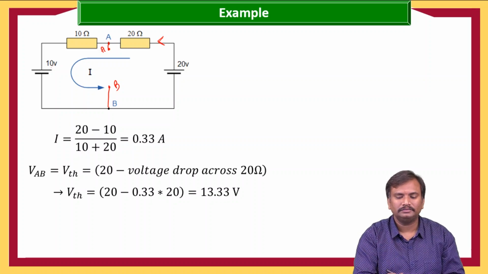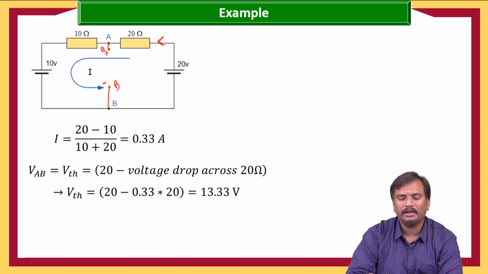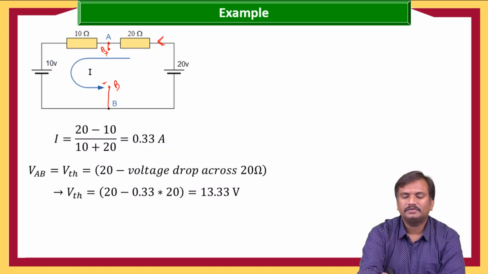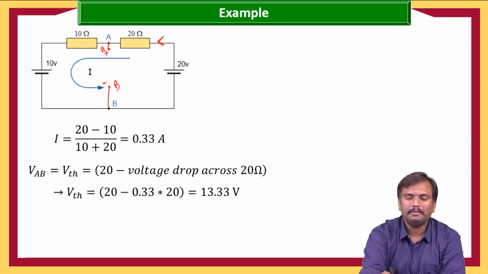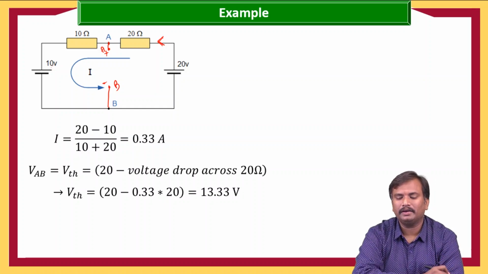Here the current is flowing in this particular direction, so for VAB we consider this terminal positive and this negative. VAB is nothing but 20 minus the voltage drop across 20 ohms.